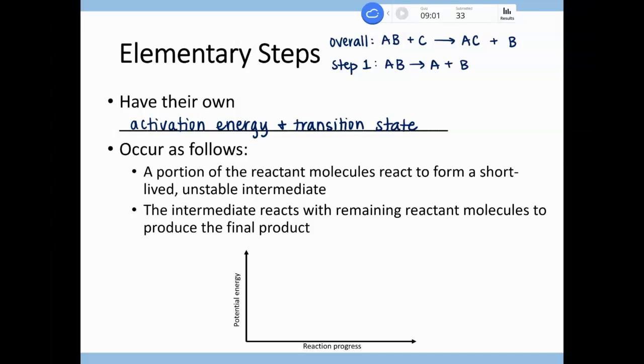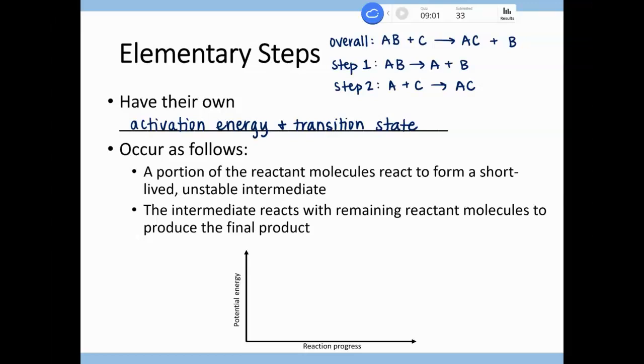Then in the second step, another activation energy, another transition state. A, which was formed in step 1, reacts now with C, the last reagent, to form AC.